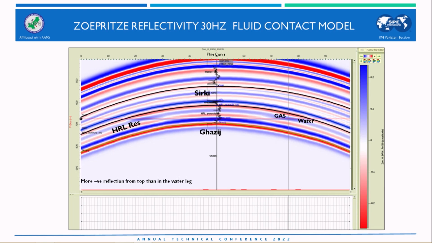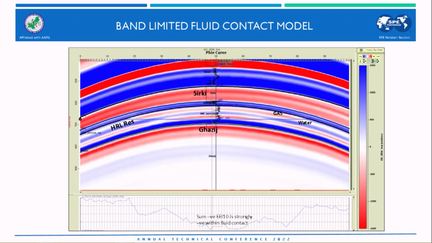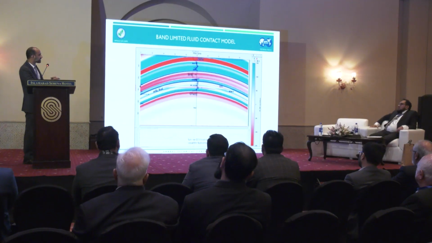In order to further analyze this, we inverted this section into the band-limited impedance model, and we see that the amplitudes within that gas column are much weaker as compared to when we enter into the water zone. When we enter into the water zone, the amplitude is quite higher, and when we look at the reservoir in the gas-prone area, it is quite weaker.